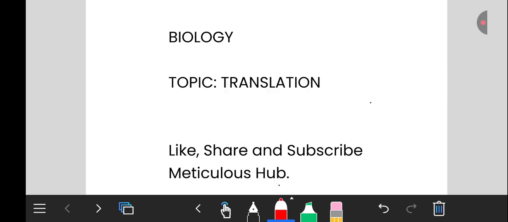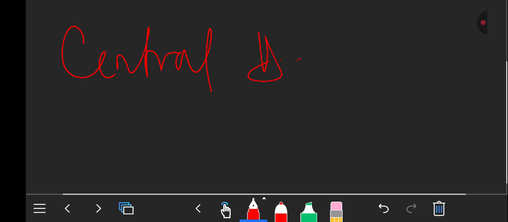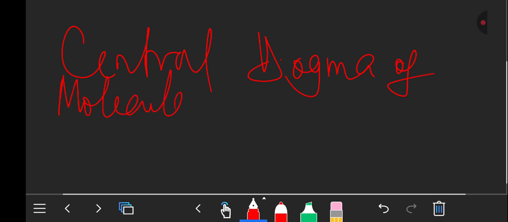So we've looked at the central dogma of molecular biology.